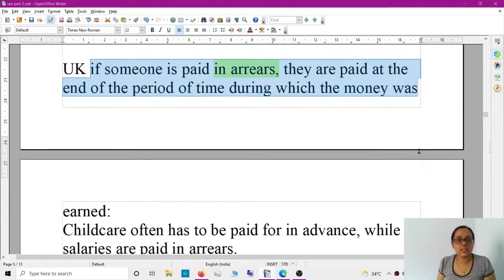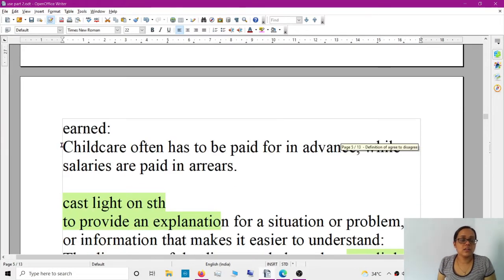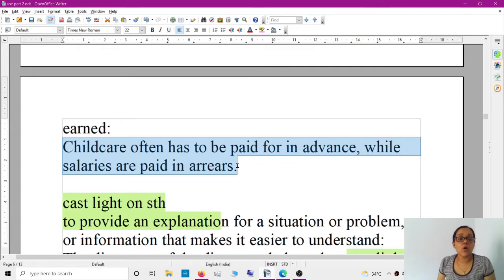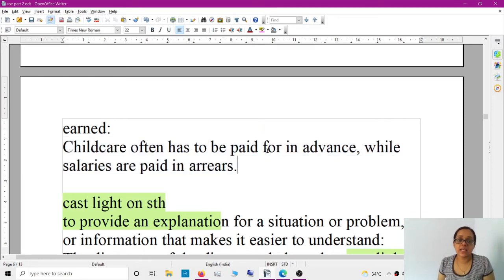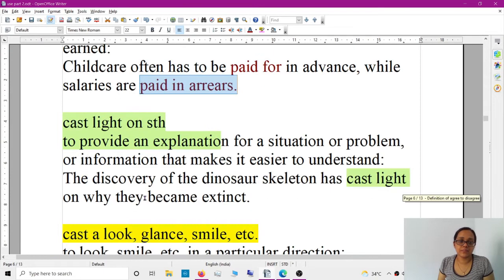Okay, the sentence is: childcare often has to be paid for in advance while salaries are paid in arrears. So to be paid for in advance, or to be paid in arrears.